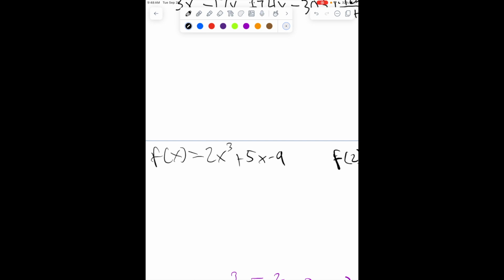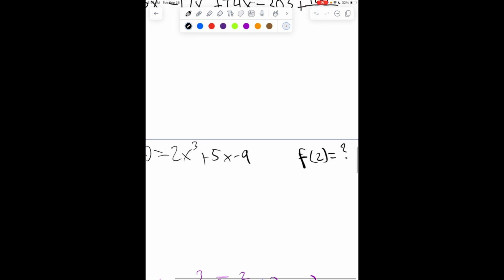This is not necessarily that hard to do by hand. But if we had a longer one, with a degree of 100 going down 99, 98, 97, you would not want to do that by hand.